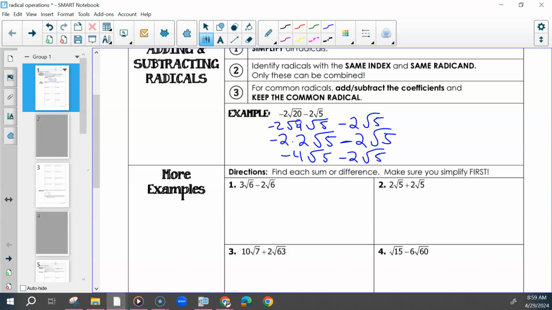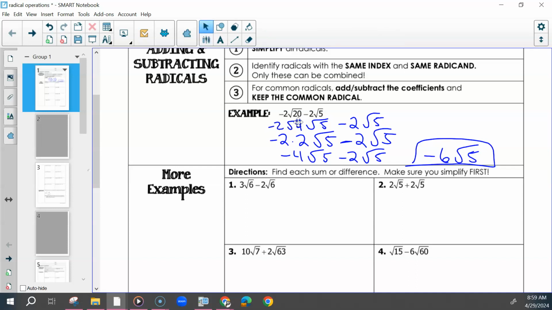And then here, since these are as simplified as possible, you can combine these, but you're not going to combine what's inside the radical, just what's outside, the coefficients. So this would be negative 6 root 5, or negative 6 times the square root of 5. All of these can be checked in your calculator or in Desmos to find the decimals.